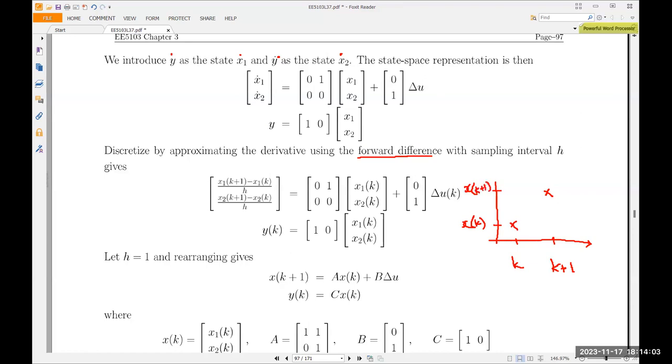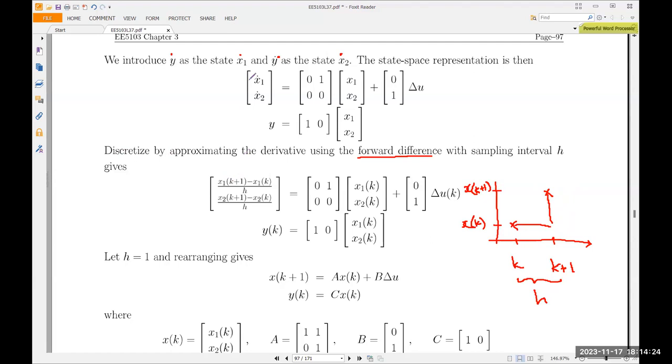So the gradient or the slope or the tangent, to me, they're all the same, is this divided by this. And normally over here is a sampling interval we call h.